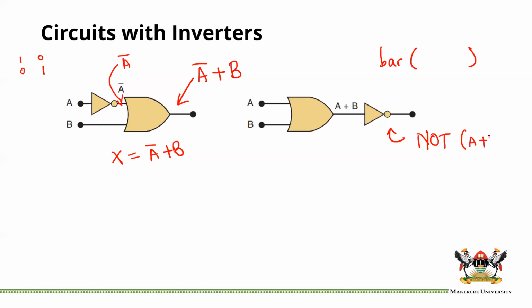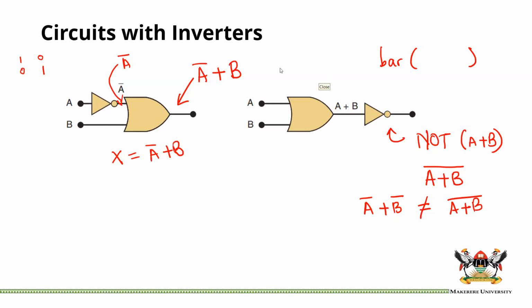And so really what this is, is (A or B) inverse, the whole thing, not just individually, because A inverse or B inverse is not necessarily equal to (A or B) inverse, okay? It is not necessarily the same.